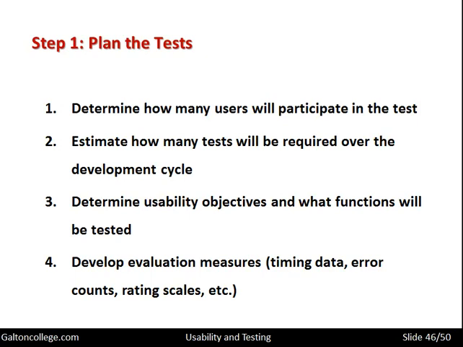And develop evaluation measures: timing data, error counts, rating scales, etc. So when you're conducting a test of the usability of a site, perhaps you want to estimate how many tests will be required, determine the usability objectives that will be tested, and set out some evaluation measures, how we are going to evaluate the test.